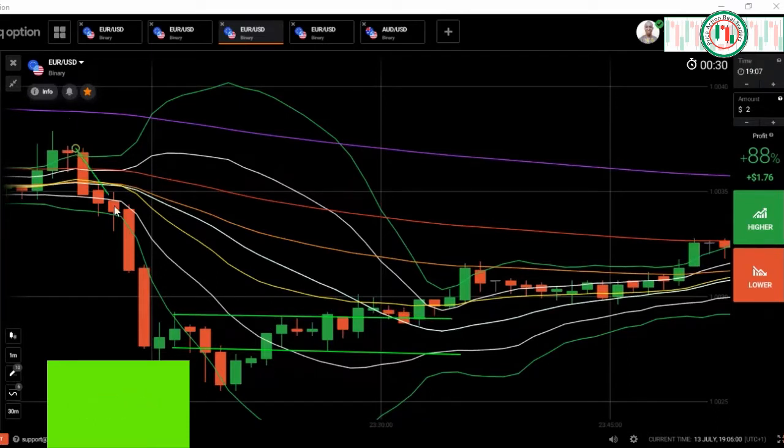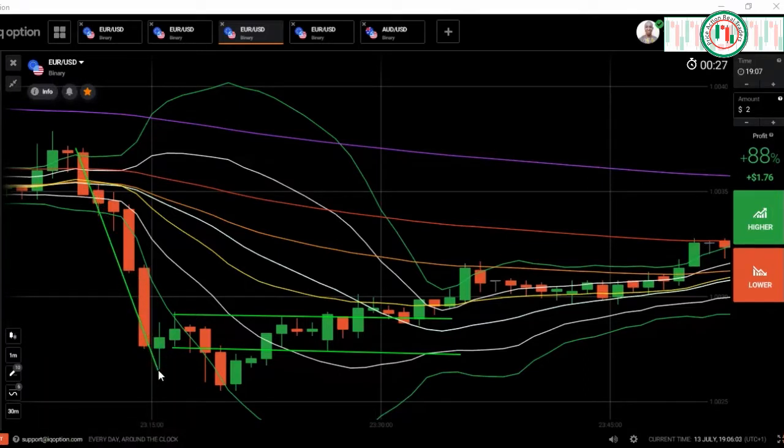You see here is a strong downtrend. After retracement, this candle immediately engulfs this green candle. So here is your zone. If you see the market touch or close here, you can place a put option. If the market closes inside here with no rejection, you wait for the next candle.